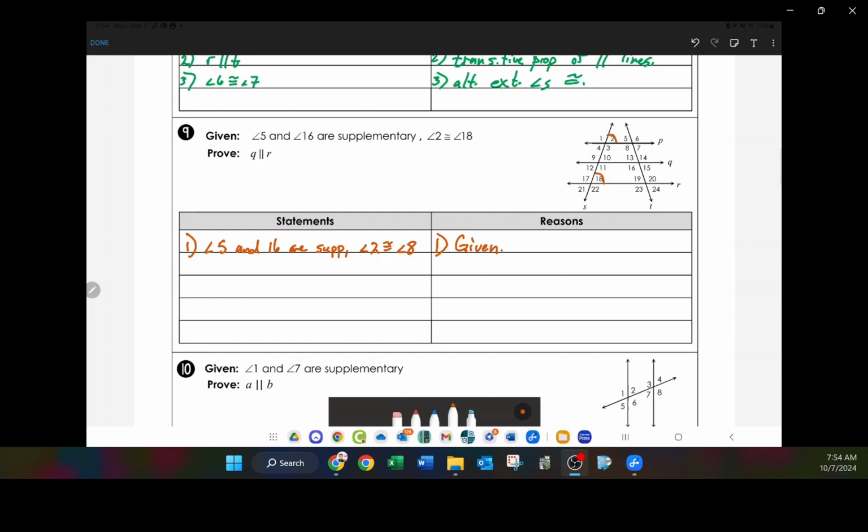All right, again, look at what you're given. 5 and 16 are supplementary. And we're given 2 and 18 are congruent.